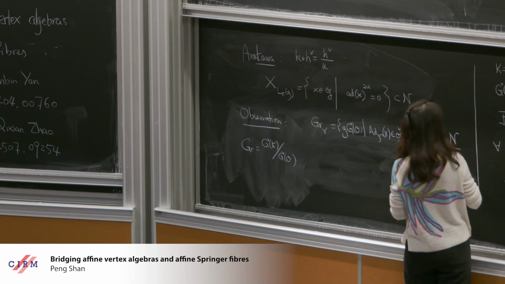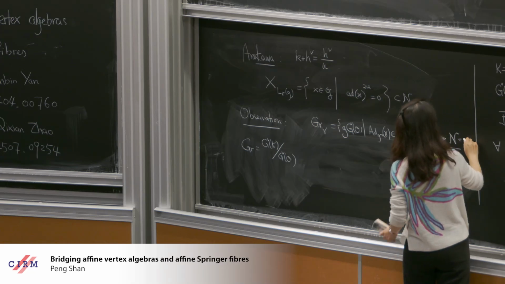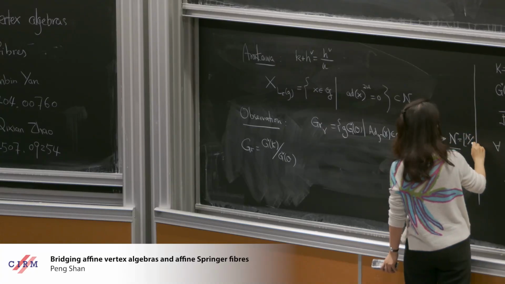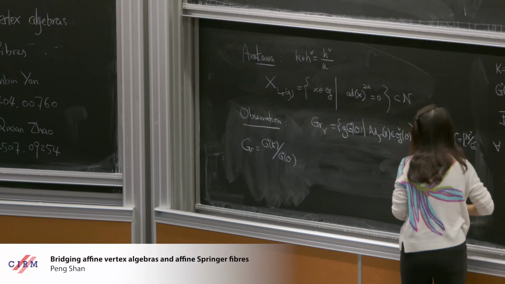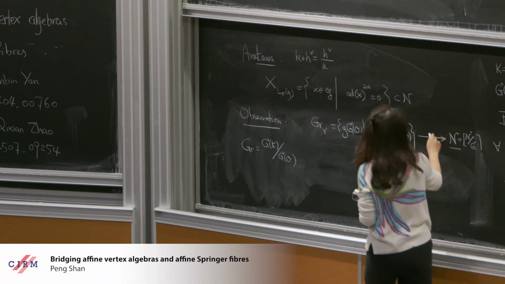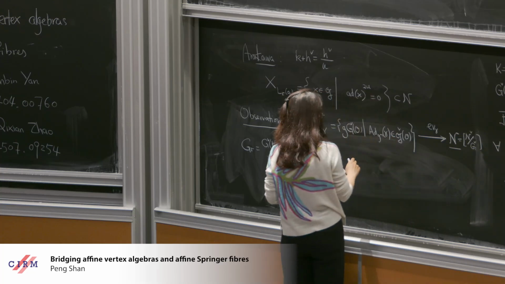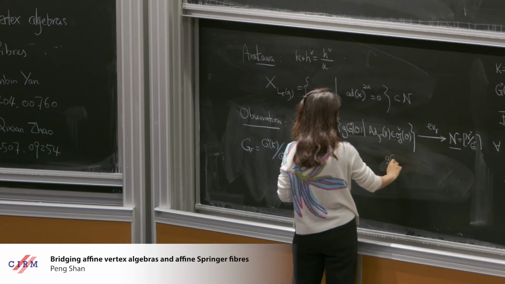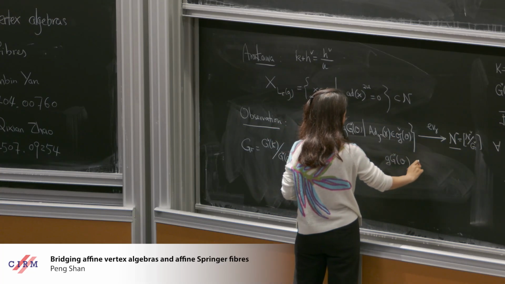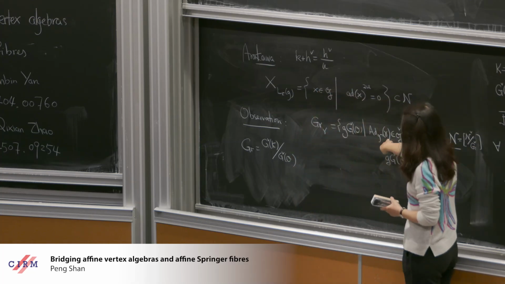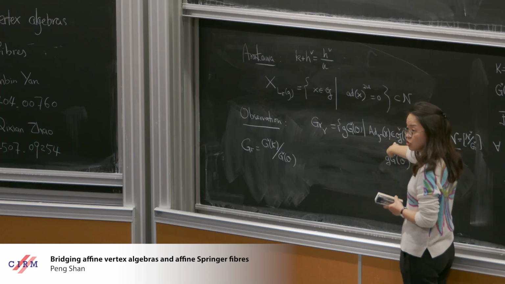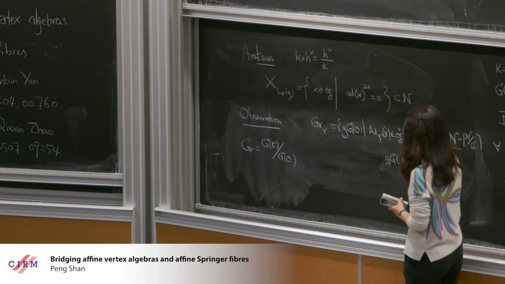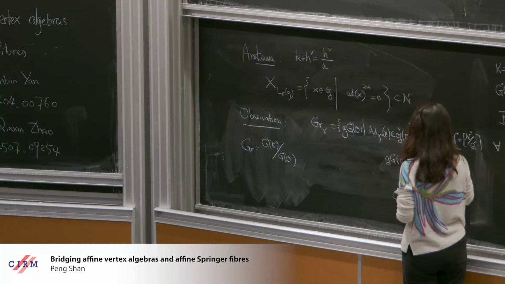N underline means the set of nilpotent orbits; you can write it as a stack, but I only care about the structure of the set. So simply, you have an element here, and after conjugating it by such an element g, the conjugate of gamma is in g check of O. So you can specialize z equals 0 for such an element.